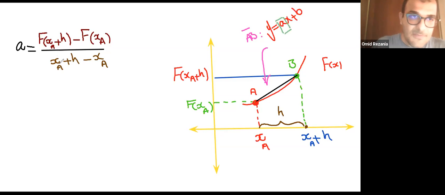But look at this. I have xa at the denominator, and I have minus xa there. It means that I can simply, without any trouble, simplify my equation.